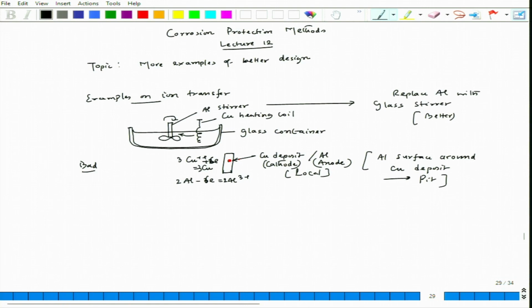Now, let us take another example on ion transfer. Let us say we have a container which is a steel container, and the same thing, you have a copper coil, a copper heating coil.